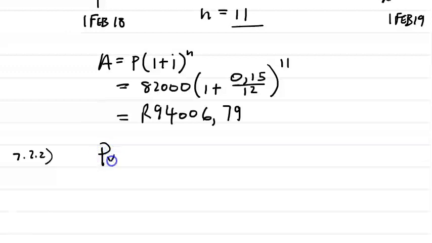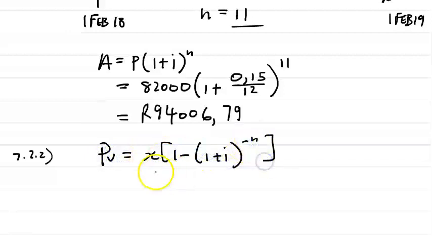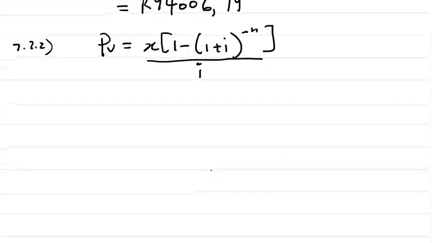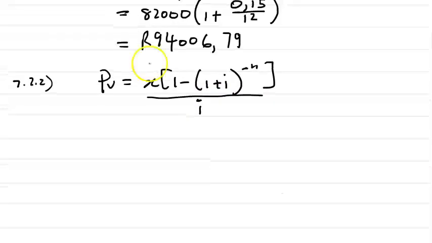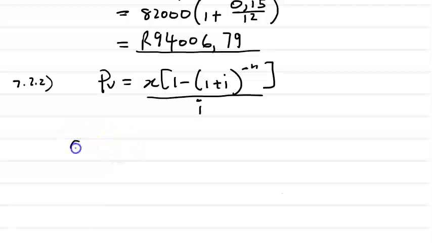Firstly, let's write down our present value formula: x into 1 minus 1 plus i to the minus n, over i. So the present value will be the loan amount, which is 94,006 rand and 79 cents.